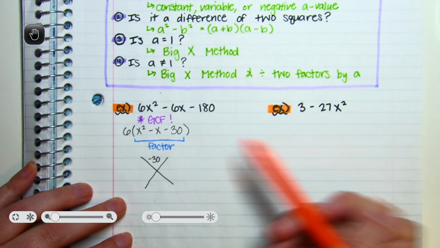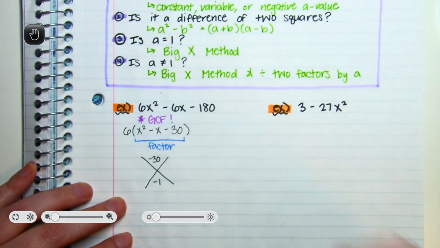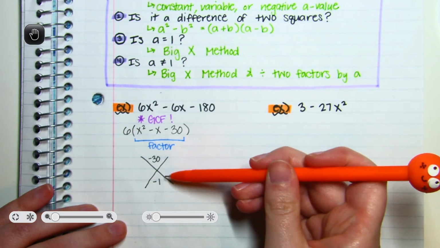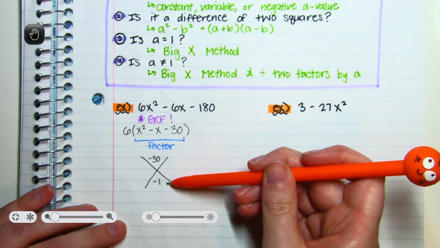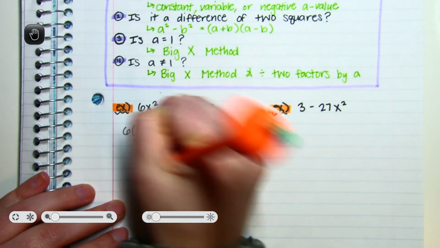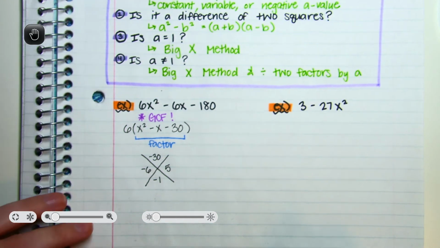And then the bottom is my B, which is negative 1. Now, what are two numbers that multiply to get the top and add to get the bottom? Good, if you said negative 6 and 5, you are correct. Or 5 and negative 6, it doesn't matter which way you say those.